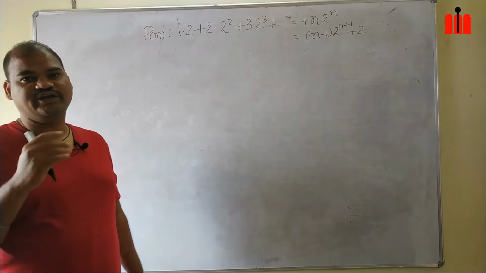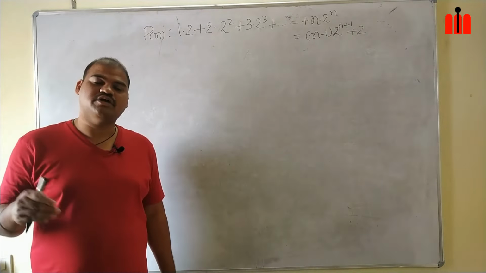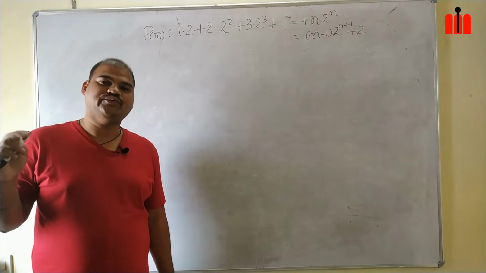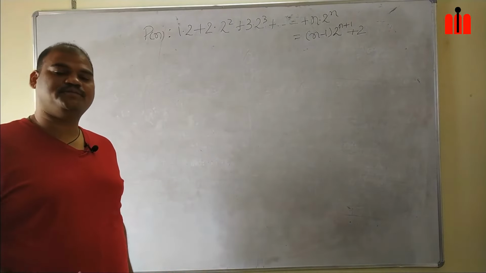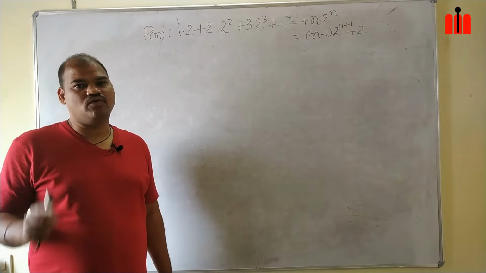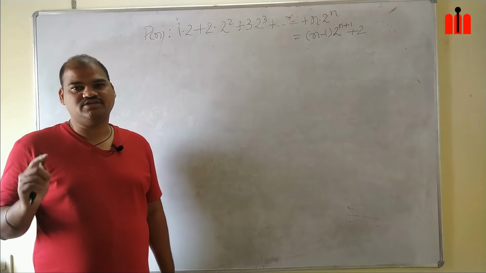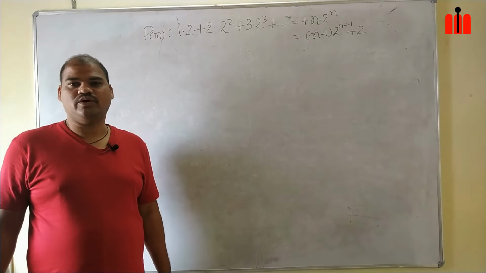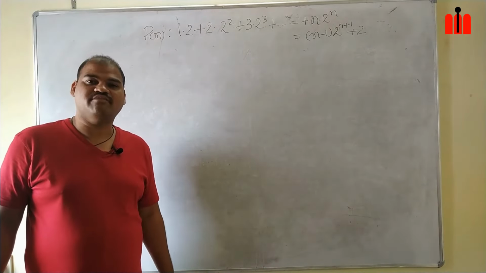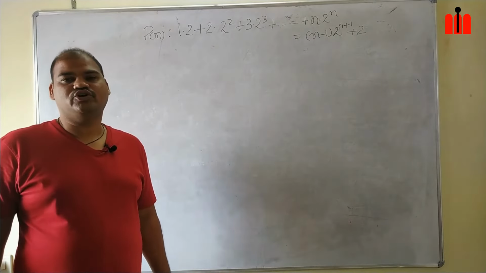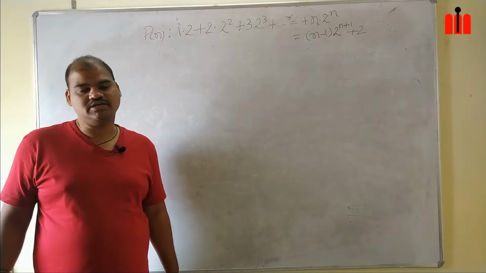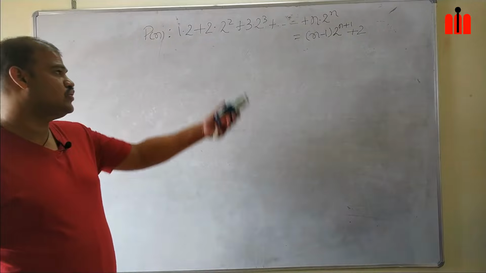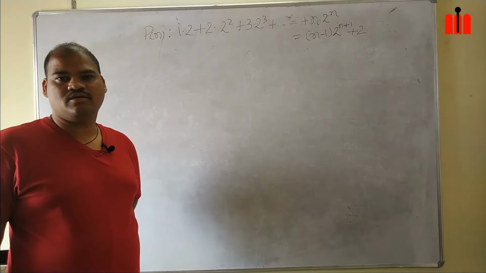This is equal to (n minus 1) into 2 to the power of n plus 1, plus 2. So my RHS is (n minus 1) into 2 to the power of n plus 1, plus 2. Okay, so now we will solve this problem.